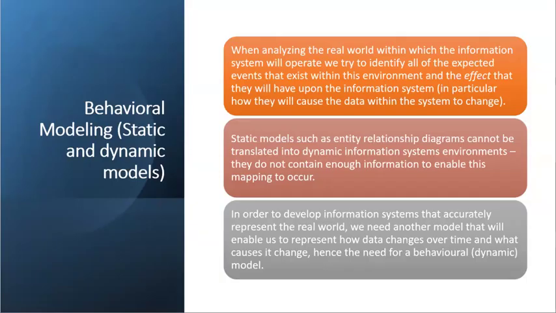The system must immediately reduce the number of available seats. If someone pays school fees, students' account balance must be updated accordingly. Now, in order to understand this design correctly, we need to understand not just the data, not just the processes, but how the system behaves when events occur. This is where behavioral modeling comes in.